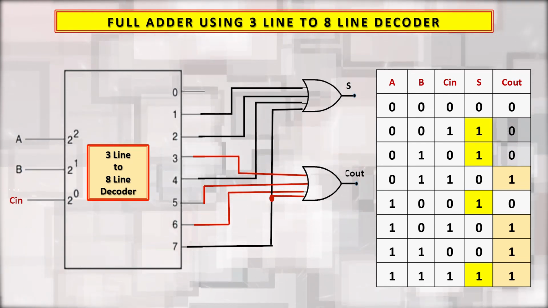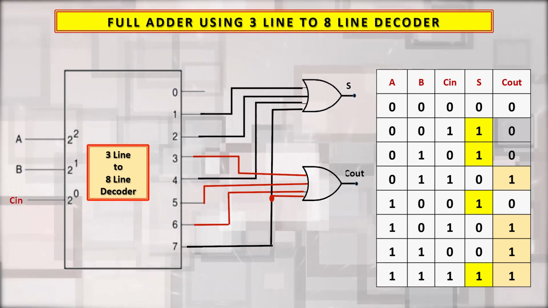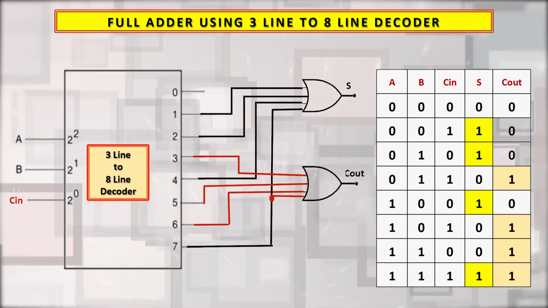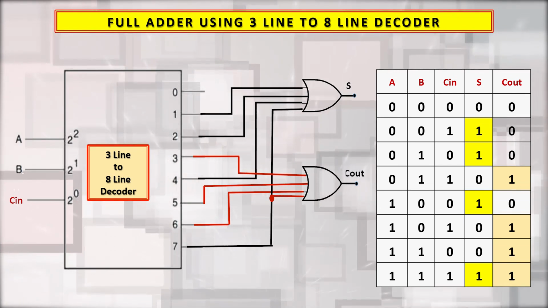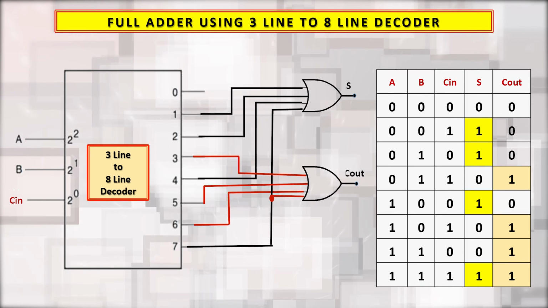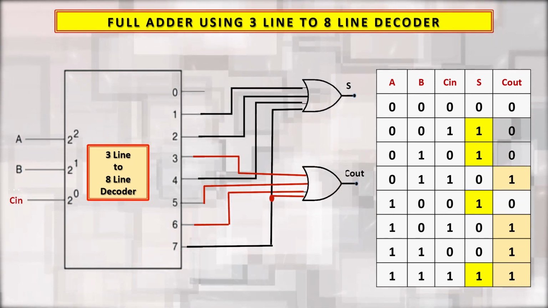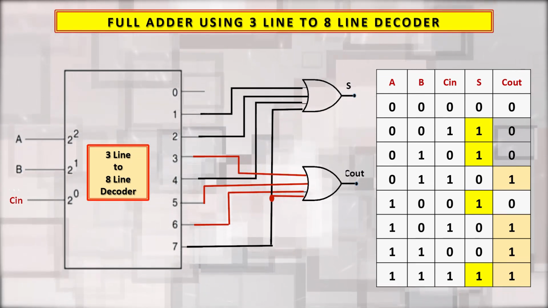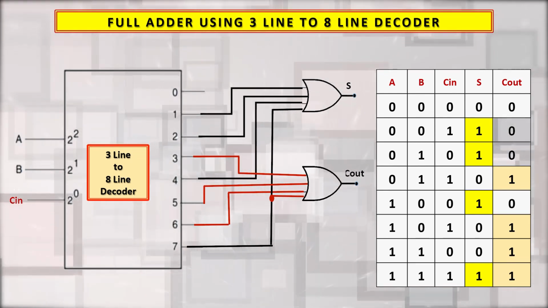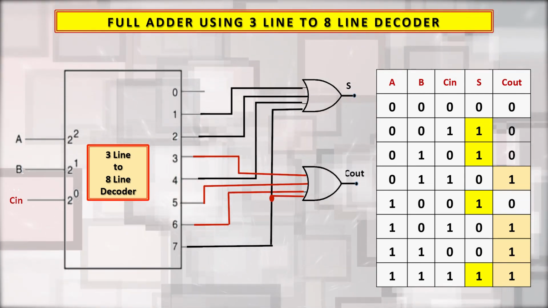All these outputs are at logic 1, so all of these are connected to an OR gate to get C out. This way the output sum and C out can be realized with a 3 to 8 decoder.